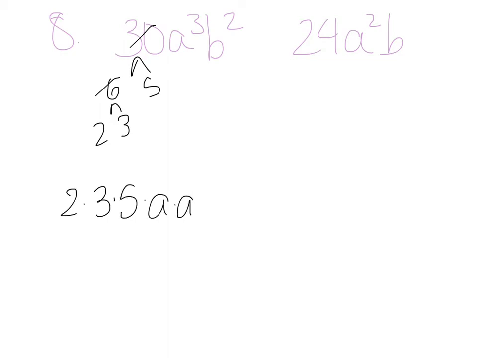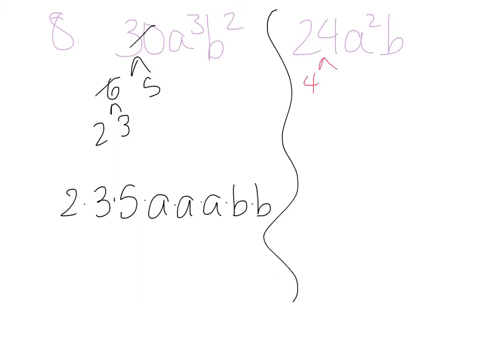A times A times A, because there's 3 A's, and then 2 B's. I'm going to draw a line here. My 24, same deal. We're going to break that down, see what appears, for the prime numbers. So we have 2 times 2 times 2 times 3, and then our a squared, a times a, and our b.